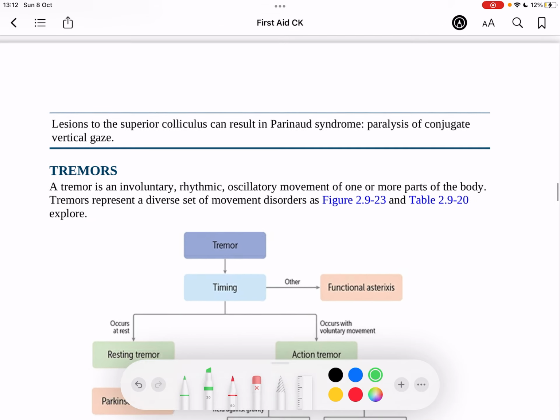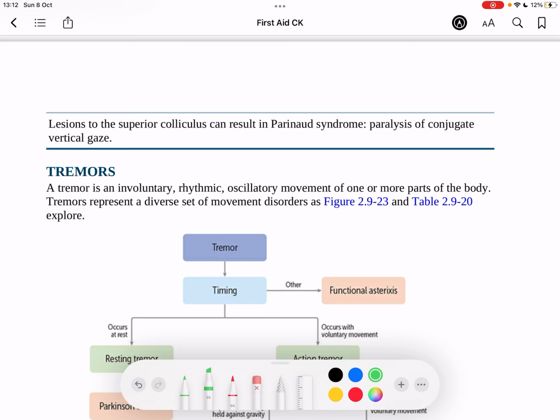Just a quick key fact, lesions in the superior colliculus can result in something called Parinaud syndrome, which is a paralysis of conjugate vertical gaze. So if you look at the brainstem, or the midbrain, shall I say, we have the superior colliculus and the inferior colliculus.